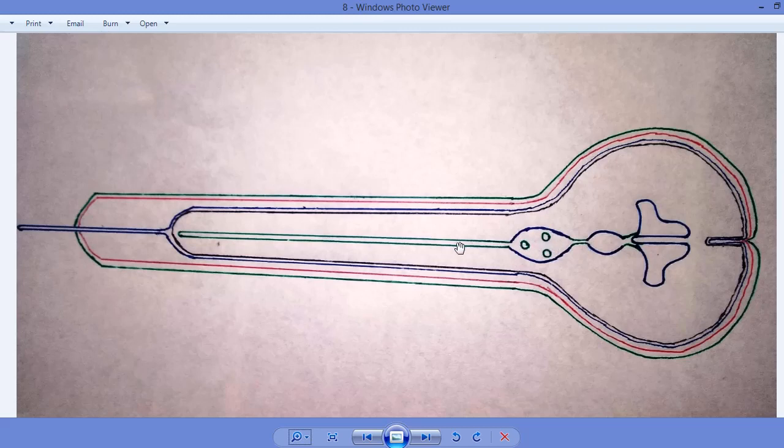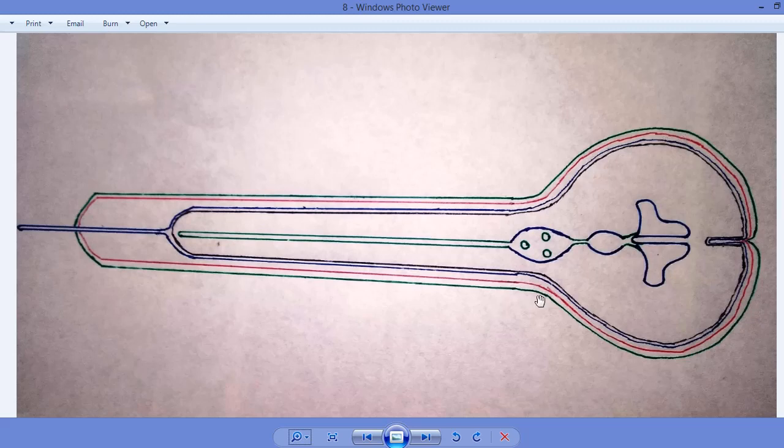From the fourth ventricle, it will go to the central canal, and it will also move to the subarachnoid space over here.